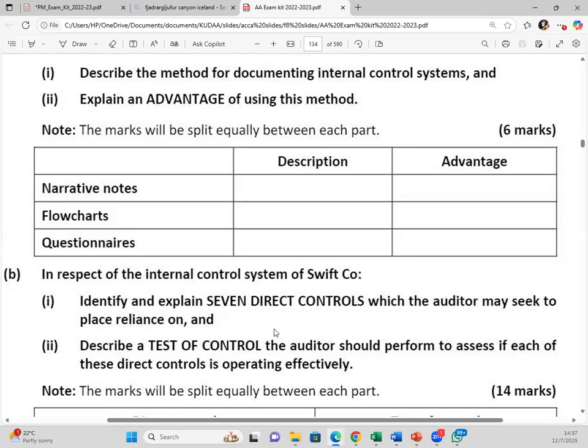Direct control is another term for key control. So we are looking at the system of the client, and we want to figure out which ones are important controls. And remember, I told you, if you are giving us an important control, we need to know why you are saying this control is an important one.